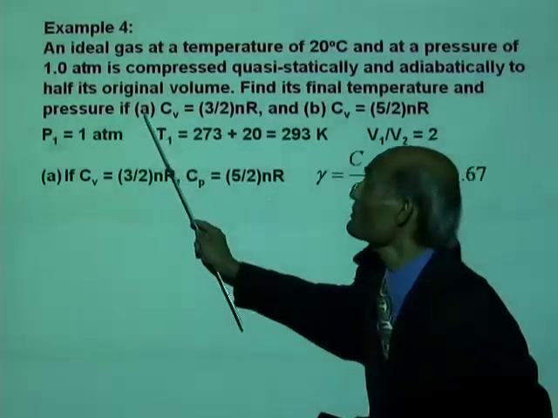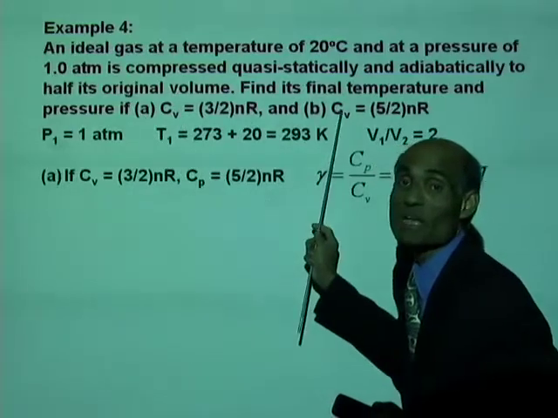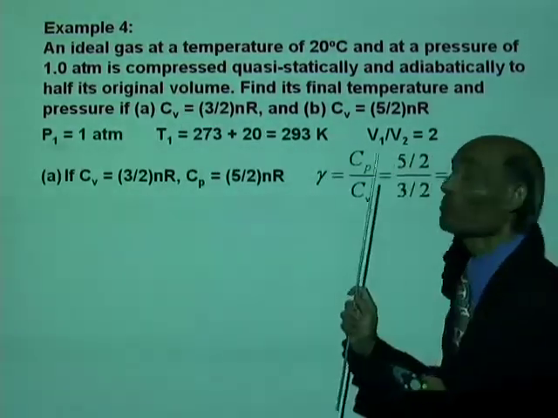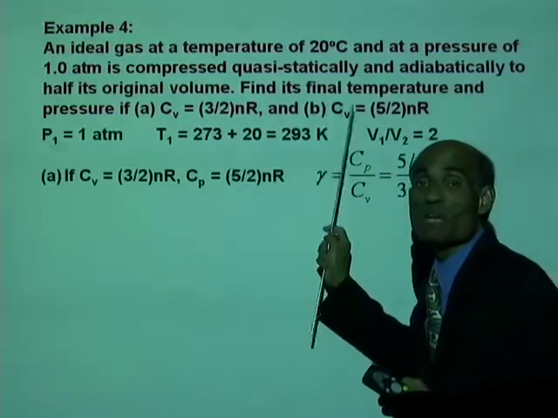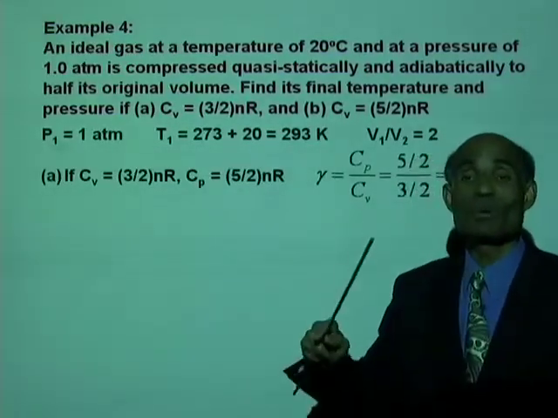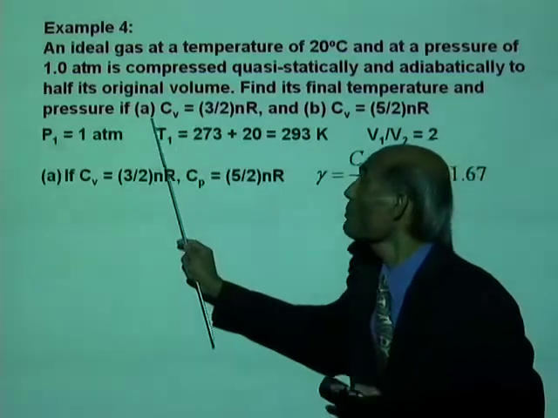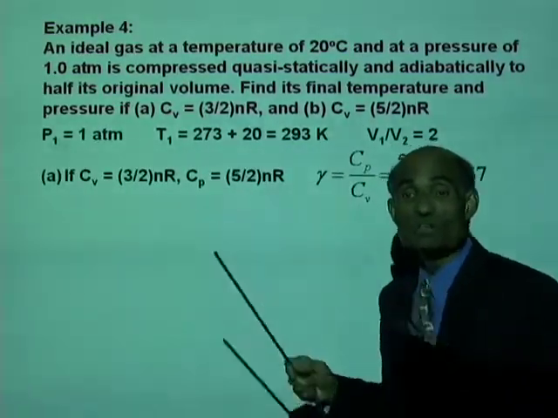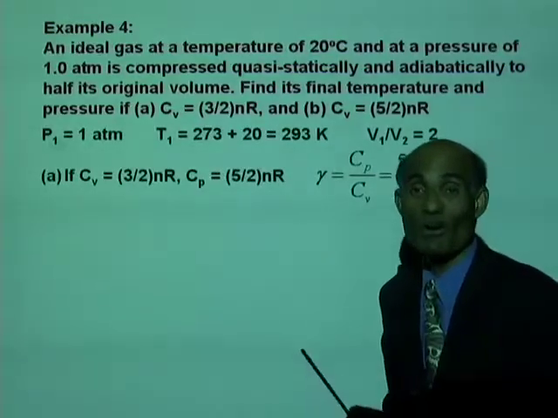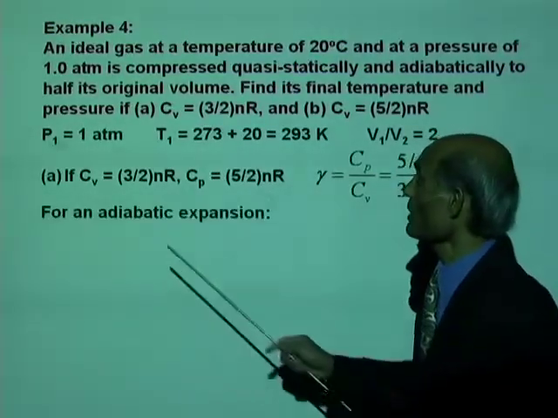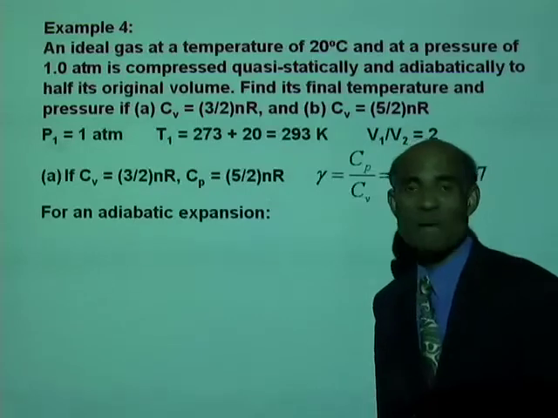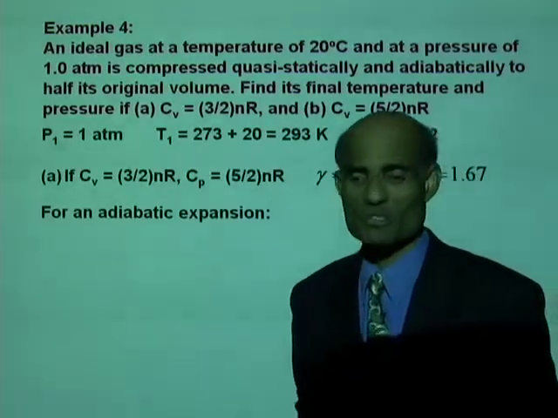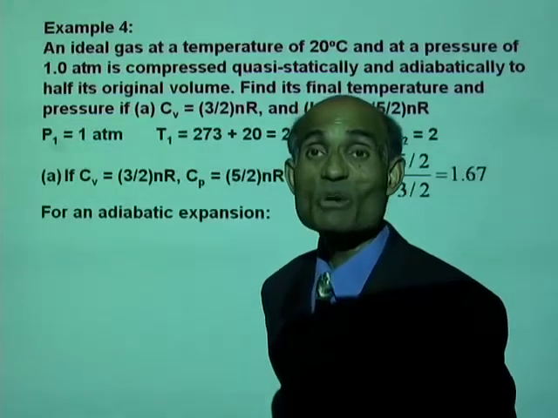So the only difference between A and B is that in A, gamma equal to 1.67. In B, gamma equal to 1.4. So I will only do part A. You must repeat part B using the different value of gamma. For an adiabatic expansion, alright, what are the equations for the adiabatic expansion? We got 2 equations.